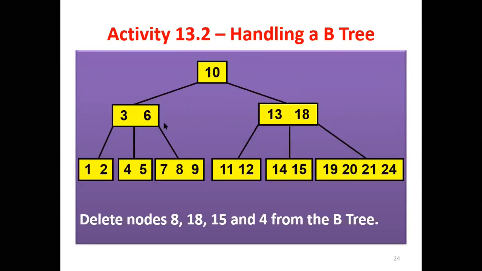This is the B tree we created using the data items we were given. We want to delete the data item 8. The first move is to find where data item 8 is located. 8 is less than 10, so we move left. 8 is greater than 6, so we move right. And this is 8.